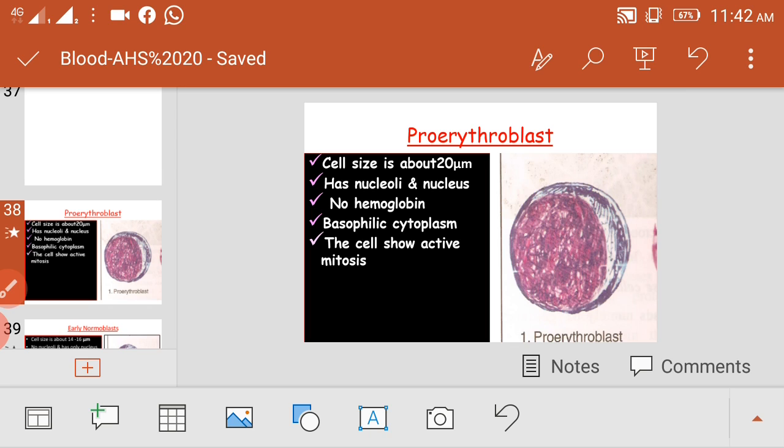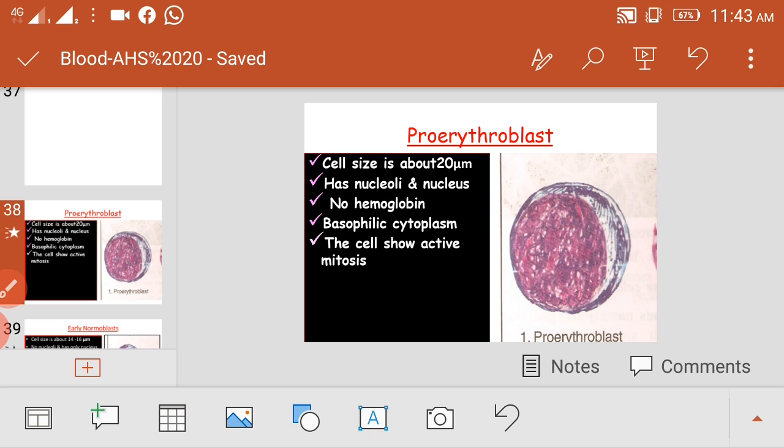The cell shows active mitosis. Mitosis mainly takes place in the nucleus, with the chromosomes. So in the cell the nucleus is present, and cell division is taking place. That is in the proerythroblast. These are the features of the proerythroblastic stage cell.